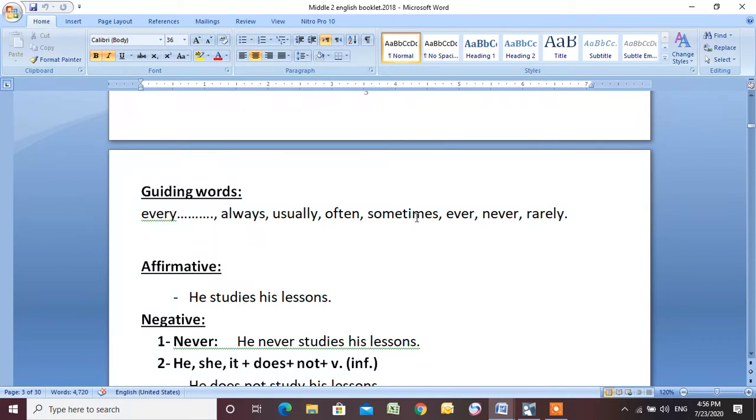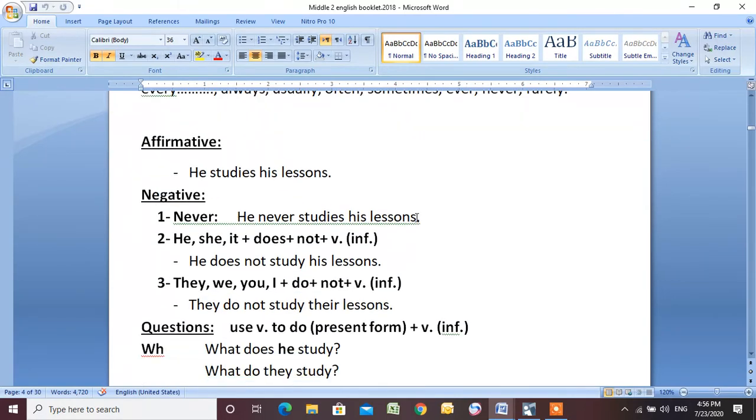Now, what about the rest of the words? To change the sentences into negative, we can use never. So I can say he never studies his lessons. I put never also before the verb and I don't change the verb.